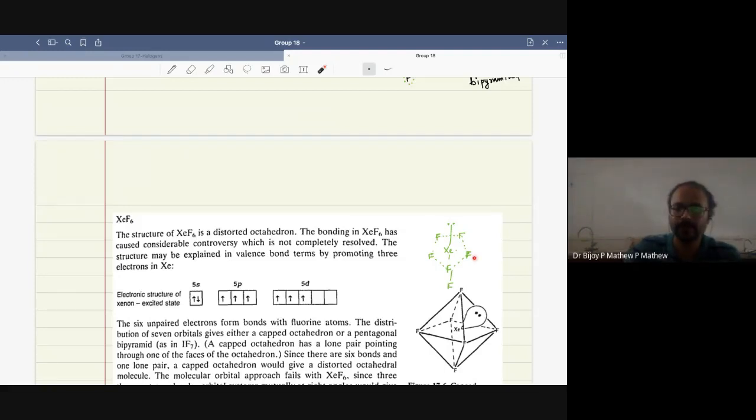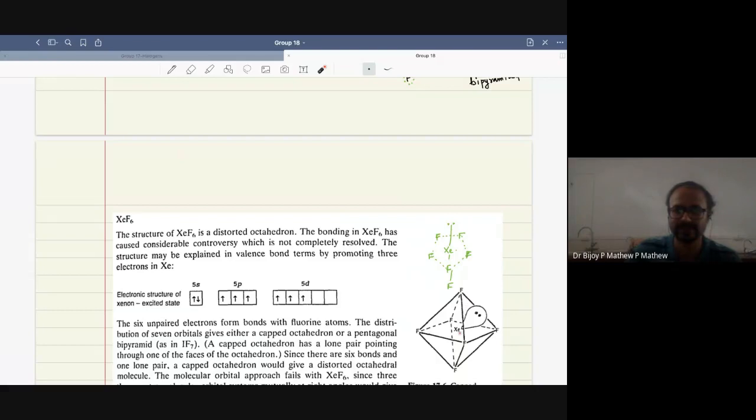Okay, but the problem is because of this lone pair, the structure can be a capped octahedron.